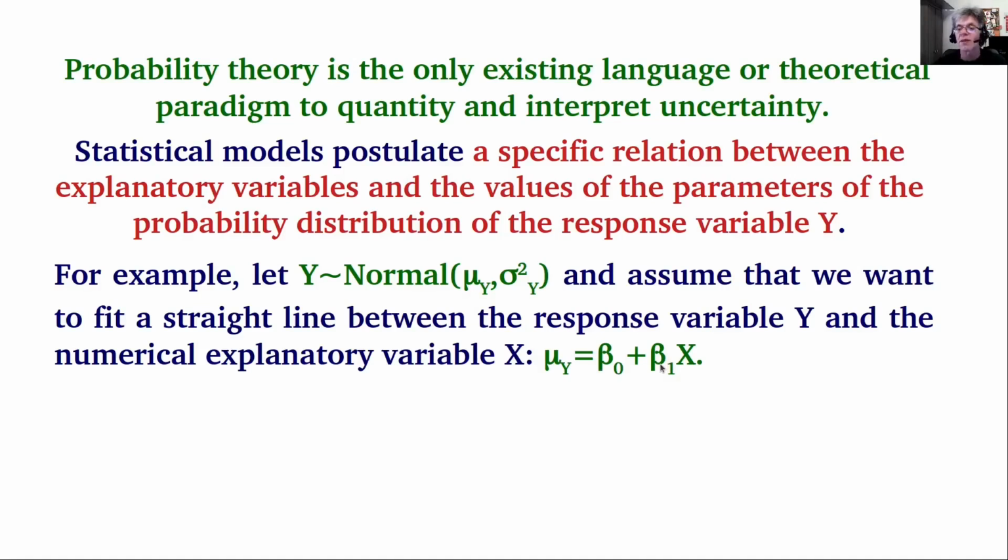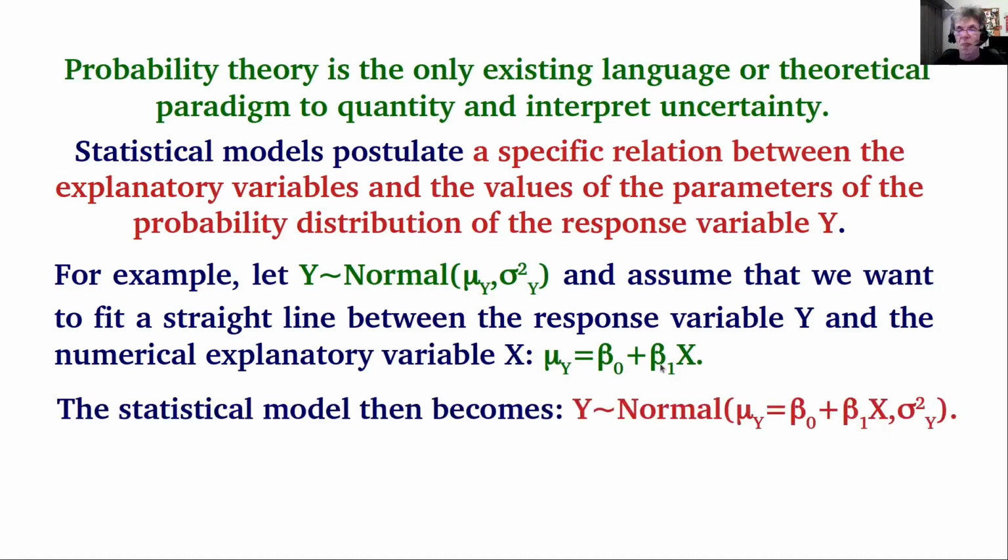We are going to talk about linear regression, which is what this is, in incoming videos. The statistical model now becomes that the response variable has a normal distribution with a given mean, but the mean is related to the explanatory variable x, and this relationship is governed by the intercept and the slope, with a constant variance that reflects the scatter of the values of y around the mean.